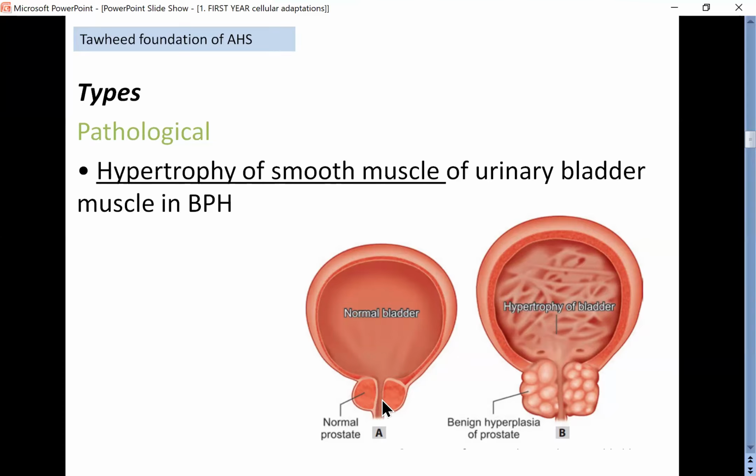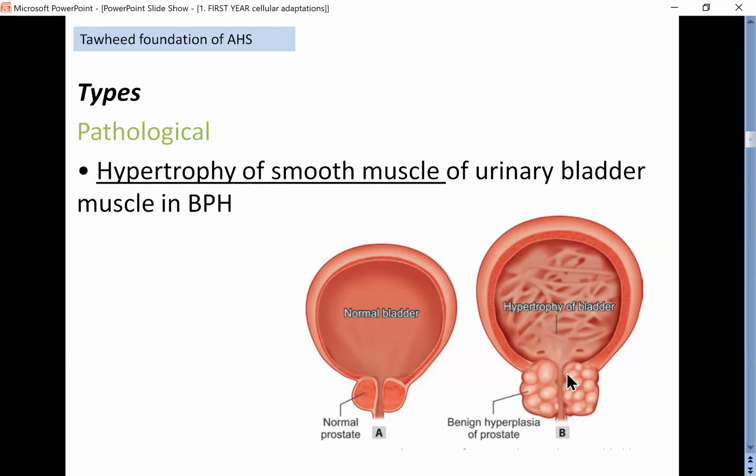In a person around 55 to 60 years of age, some people will have prostatic gland enlargement. That condition is called benign prostatic hyperplasia, where you can see nodular hyperplasia of the prostatic glands.